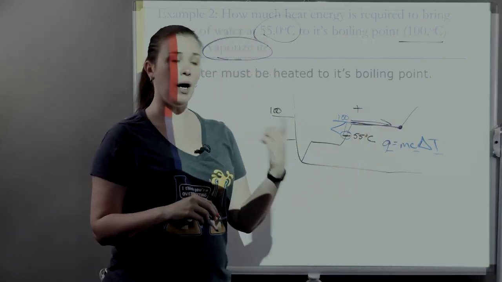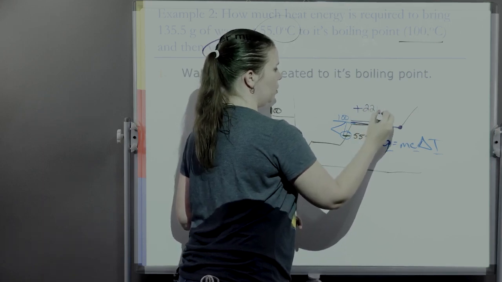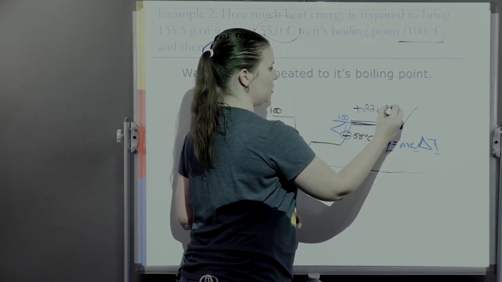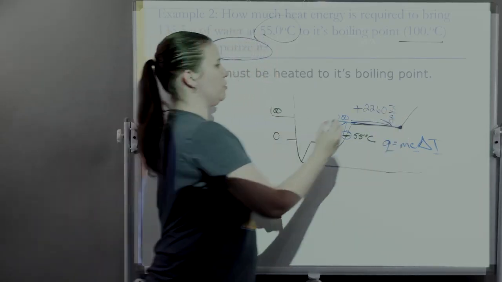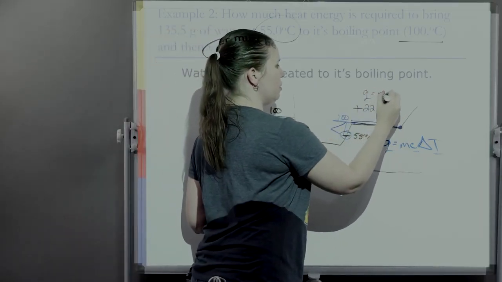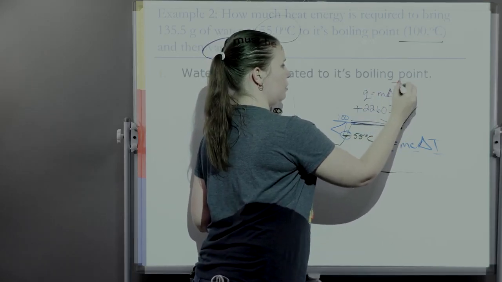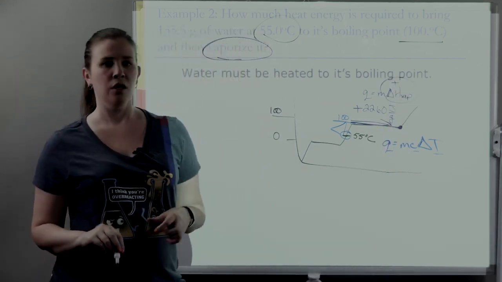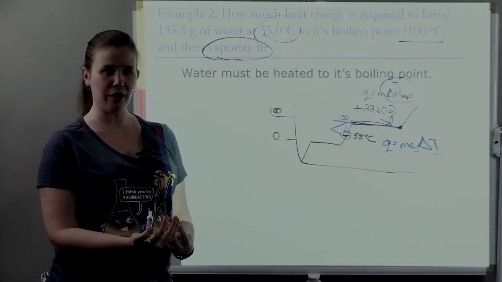So it would be the positive delta H, and the delta H for the top plateau was the 2,260 joules per gram. So that means I'm going to use Q equals m with the delta H of vaporization, where that number is positive. I'm going to need to find both of these Qs and then add them together.